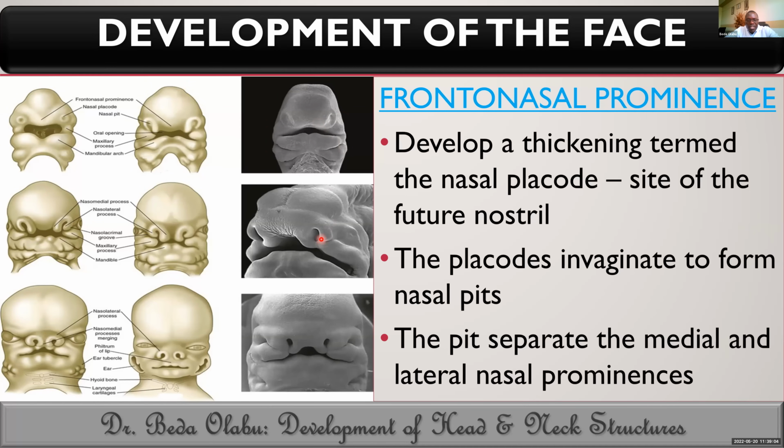We'll have a lateral nasal prominence and a medial nasal prominence. I want you to see where the medial is and where the lateral is in relation to the maxillary prominence as well. In this diagram in the middle there, there's a lateral nasal prominence and a medial nasal prominence. That's the nasal pit.